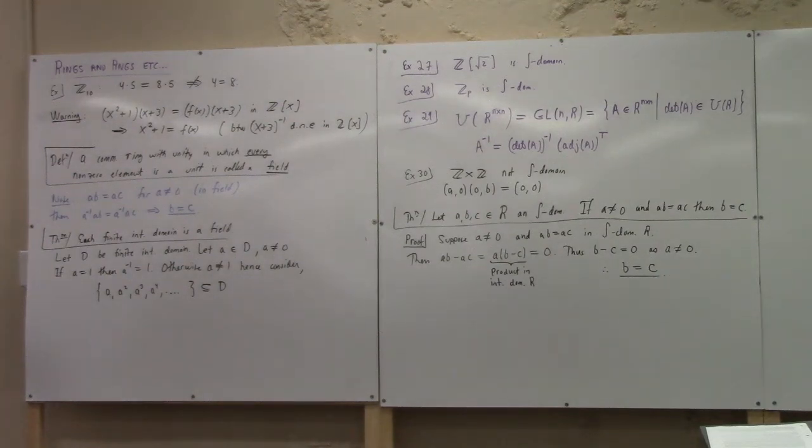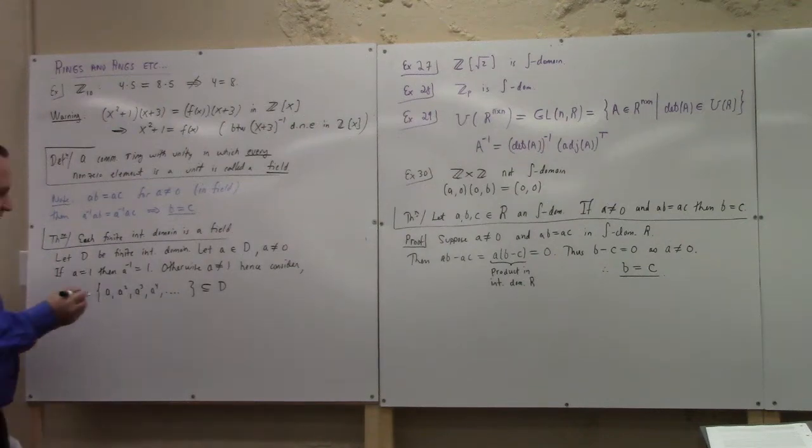It doesn't ever have to get to 0, and it doesn't have to be all of D, but it eventually has to loop back on itself. Otherwise, we'd have an infinite subset of a finite set, which is absurd.